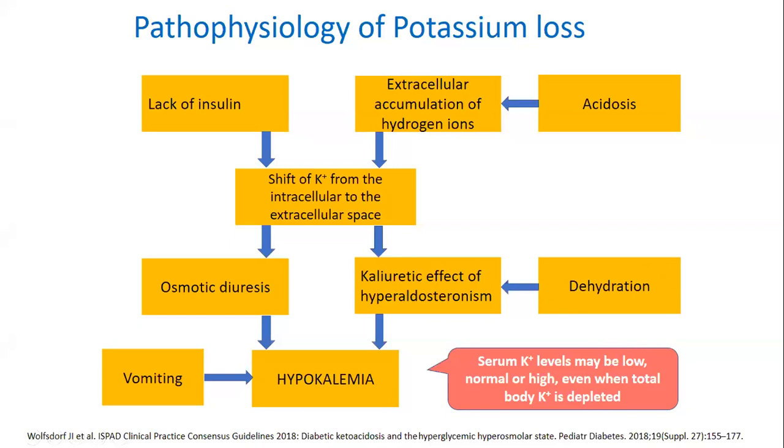So when there's dehydration, there's a decrease in intravascular volume, and this usually triggers the renin-angiotensin-aldosterone system. And we know that an increase in aldosterone will lead to loss of potassium in urine, what we call the kaliuretic effect of hyperaldosteronism.